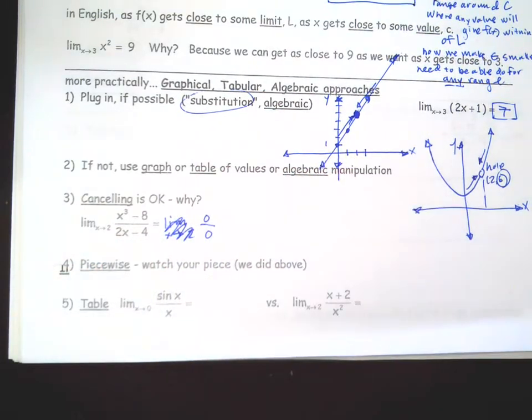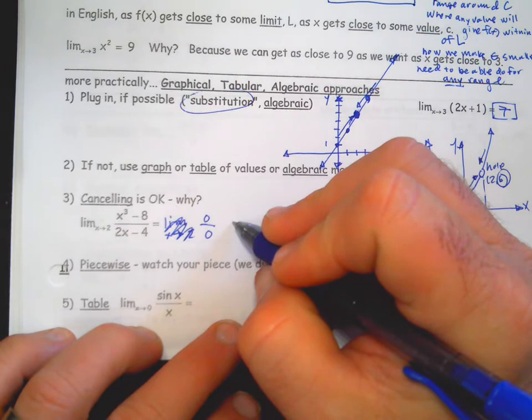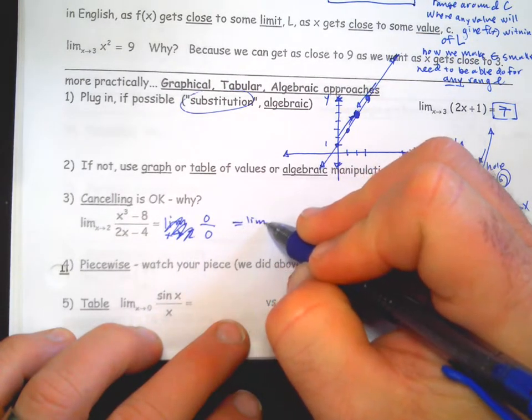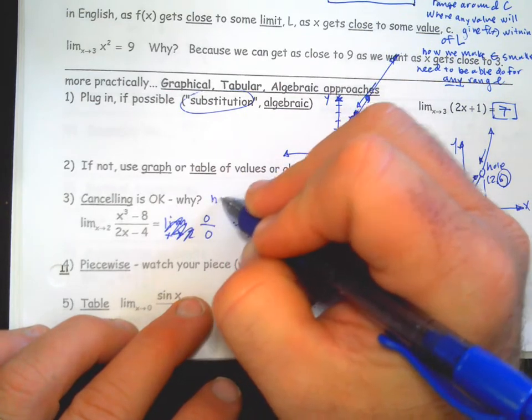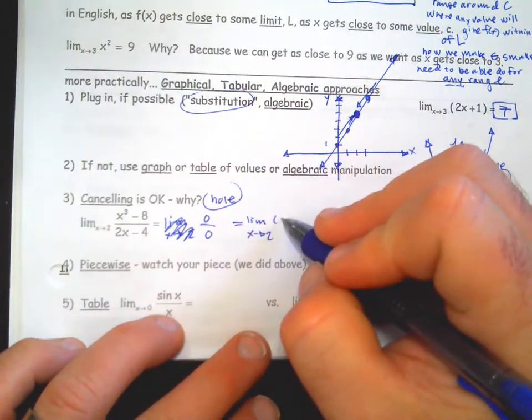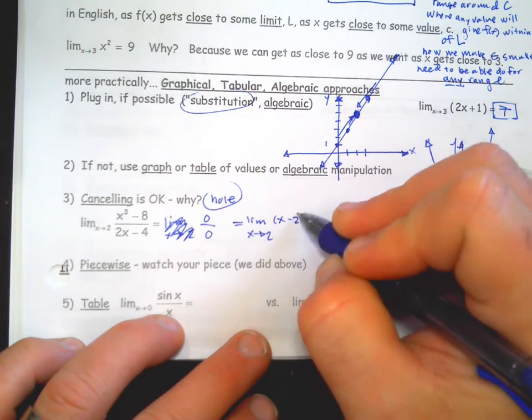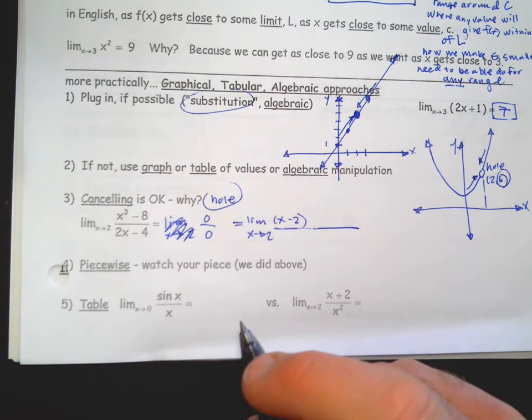That's probably what's going to happen if you have a hole in the graph: you get 0 over 0. Now, we could rewrite the limit, because what might be happening is that you have a hole in the graph. If you can factor the top and bottom, or if you remember how to factor a difference of cubes, you could use synthetic division and the rational root theorem for that.